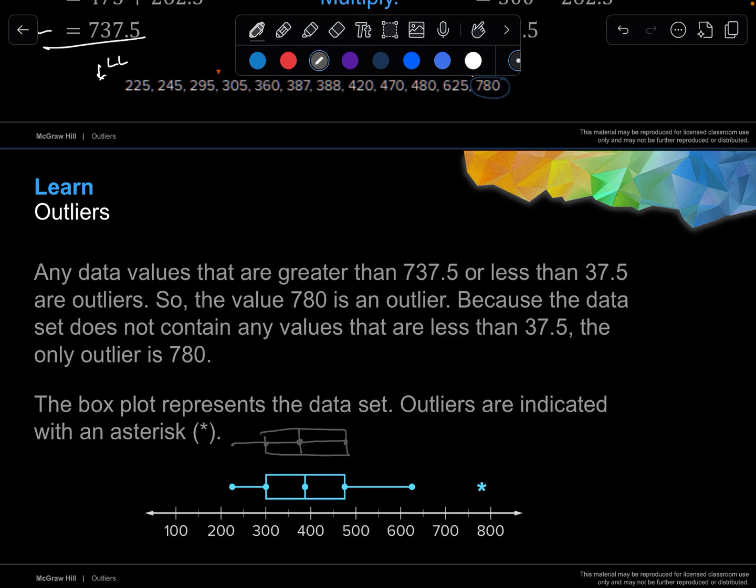And then your next whisker on the other side would be from Q3 to the largest value. Right? But now you see that any outlier is going to be indicated with an asterisk, and your box and whisker plot is only going to retain the values that are not outliers. Okay, this is the new box and whisker plot.